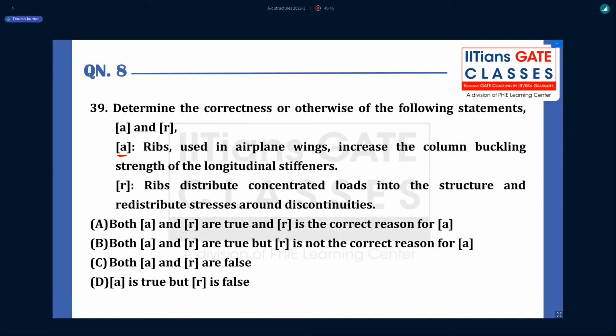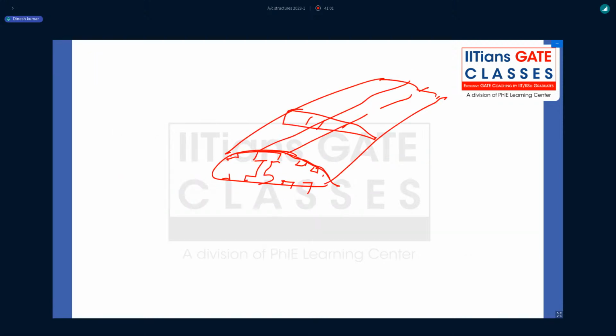Statement A says ribs used in airplane wings increase the column buckling strength of longitudinal stiffeners. So what are the longitudinal stiffeners?